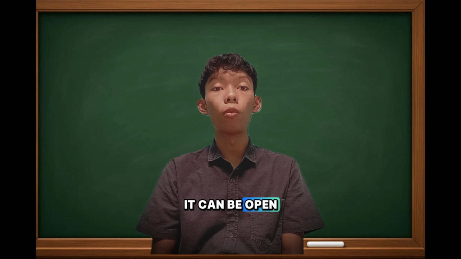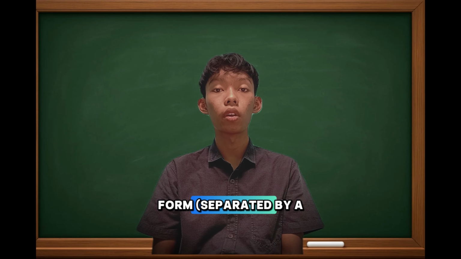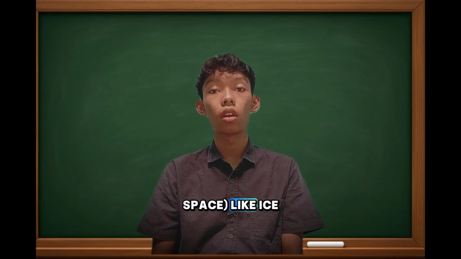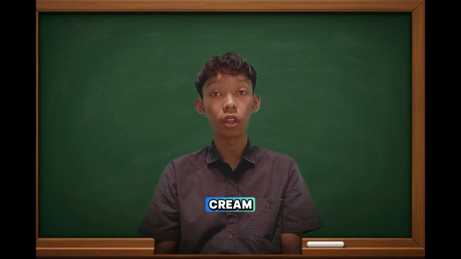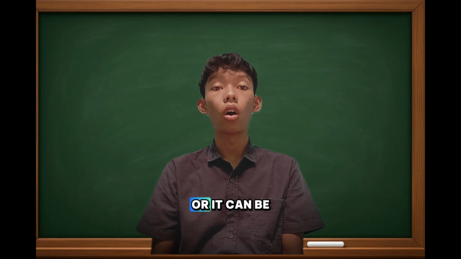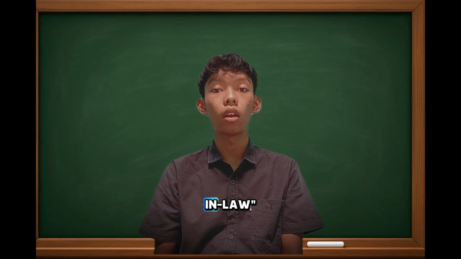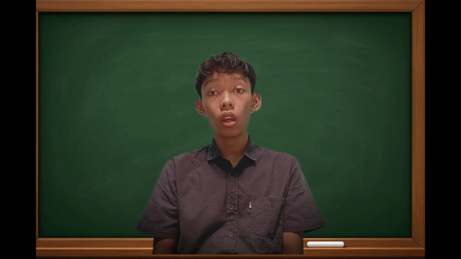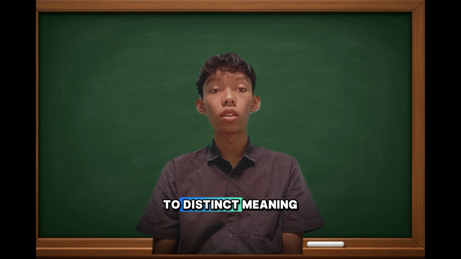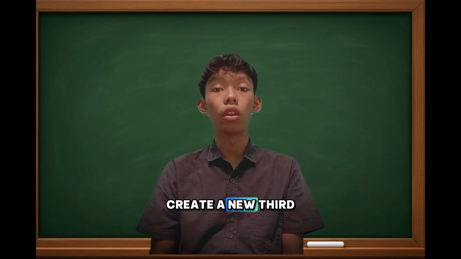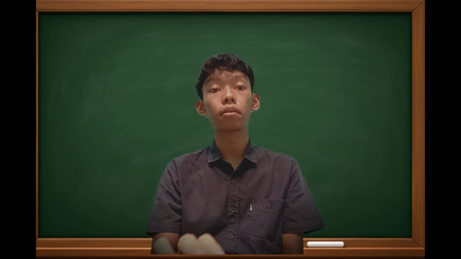It can be open form, separated by a space, like ice cream, or it can be hyphenated form, like mother-in-law. The core idea is two distinct meanings create a new third meaning.